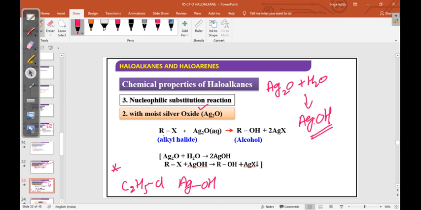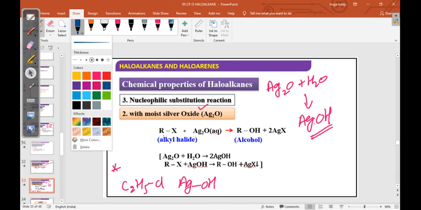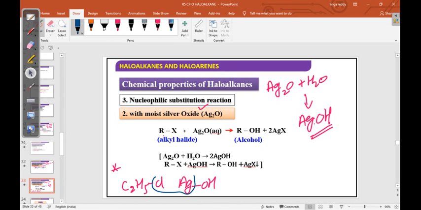What you do is just remove the AgCl. In almost all reactions, the approach is similar. If you remove the AgCl, what is your product? C2H5OH, ethyl alcohol is formed. Very simple.